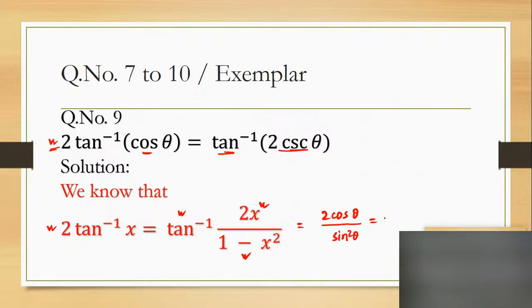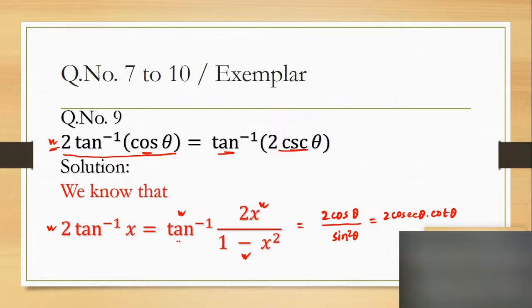Then we get 2 cosec theta into cos theta by sin theta equal to cot theta. So the value of this one will be 2 cosec theta into cot theta.